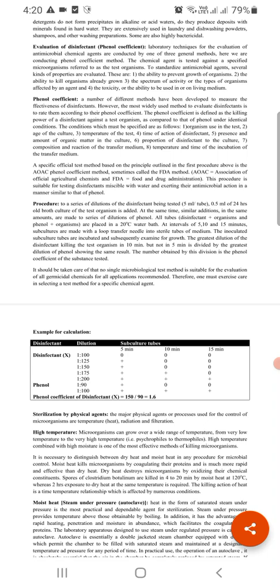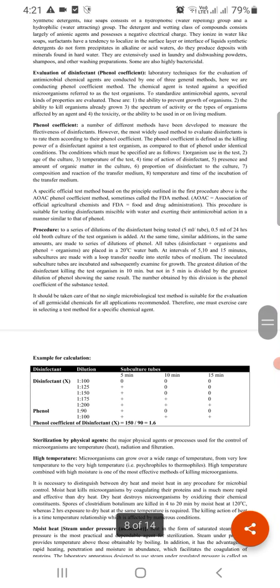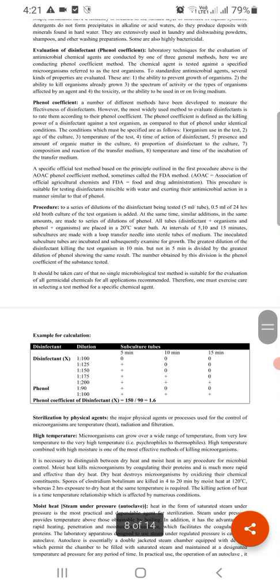At intervals of 5, 10 and 15 minutes, subcultures are made with a loop transfer needle into a sterile tube of medium, for both the organism plus disinfectant and the organism plus phenol.